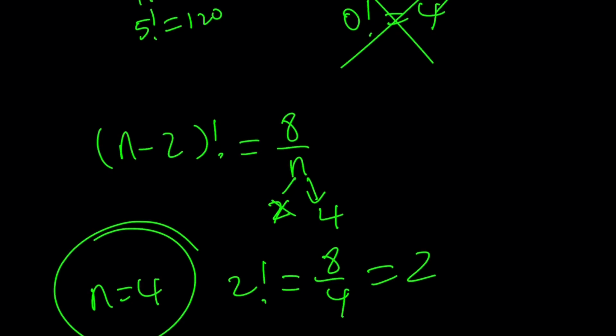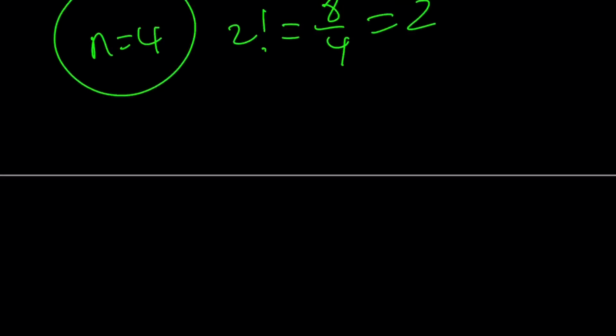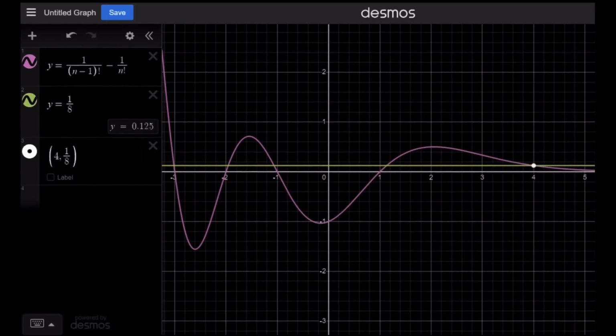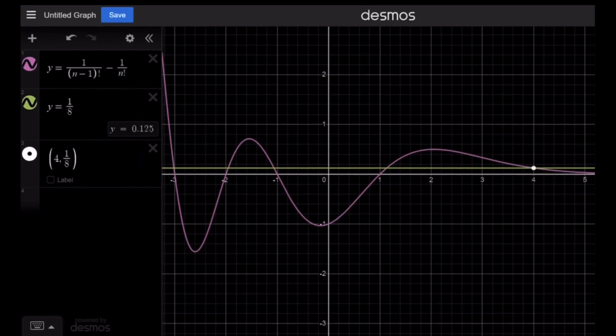Let's go ahead and take a look at the graph. Obviously, if you graph n factorial for integers, you're going to get dots only. They're not going to be connected. But if you think about the gamma function, that's something you can definitely look at, the definition of the gamma function, and you're going to see that you have a continuous graph.